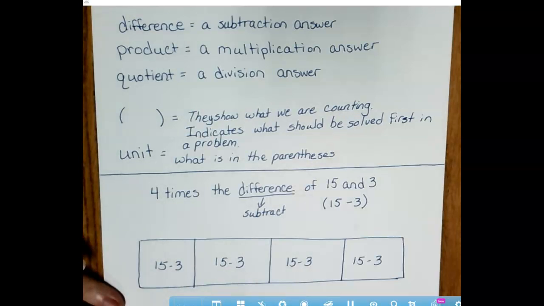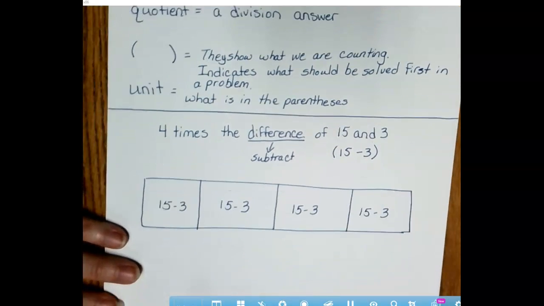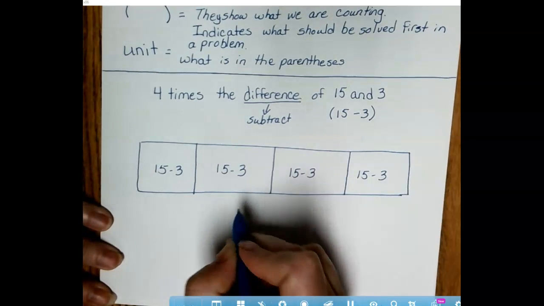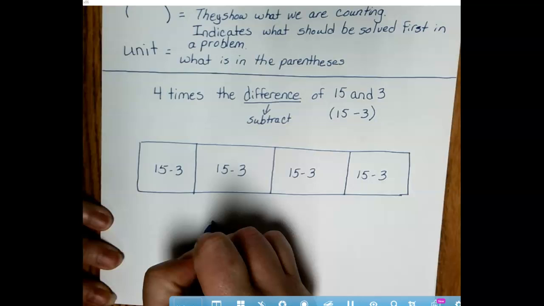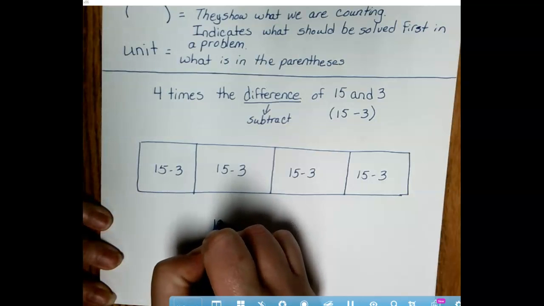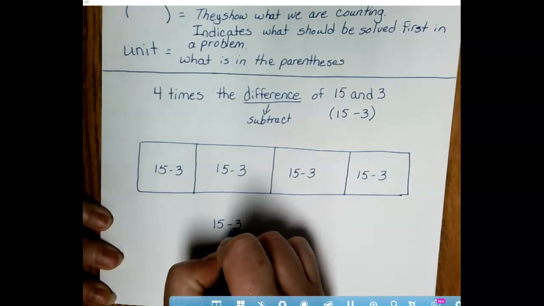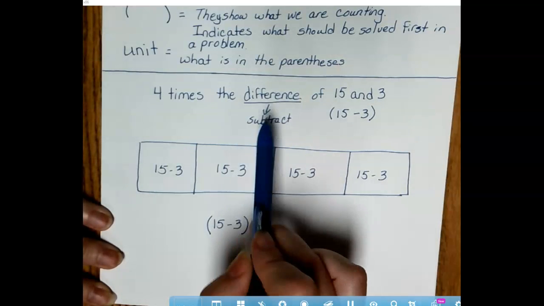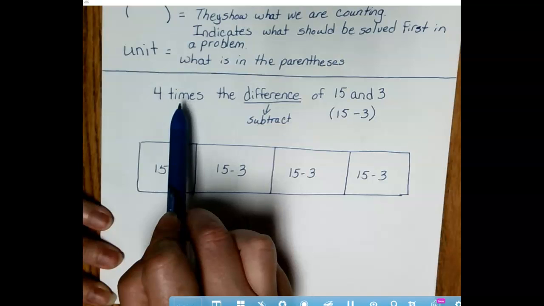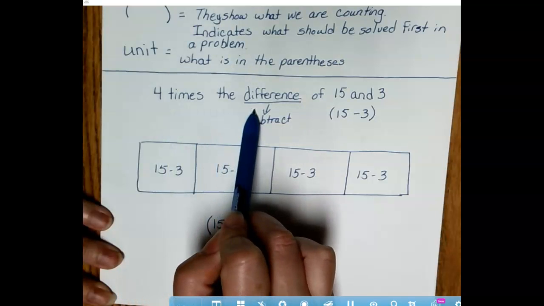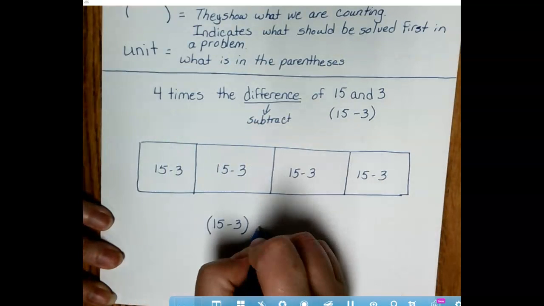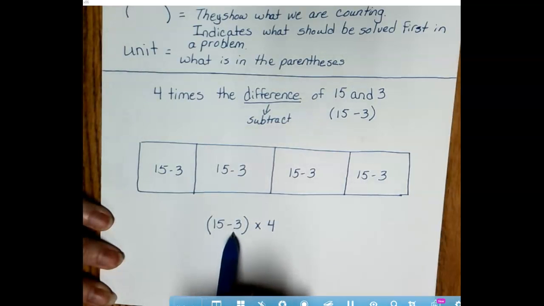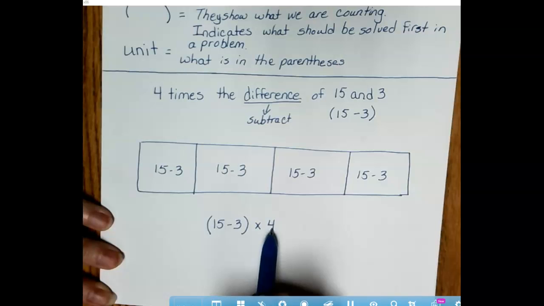And if I wanted to write this in an expression in a number problem, I would be able to say, okay, 15 minus 3, whatever the answer is to this, is what I want to know what 4 times the answer of that is. So the difference multiplied by 4.